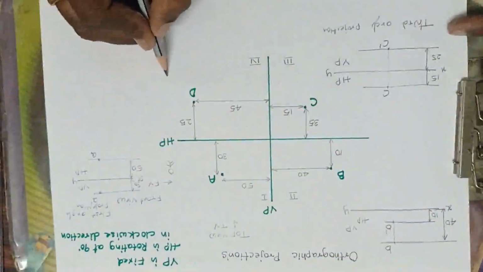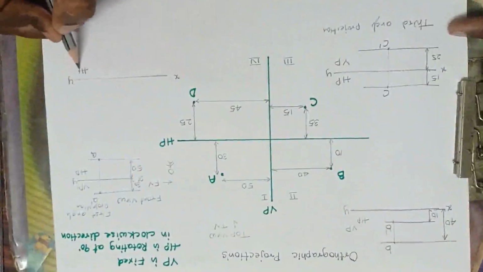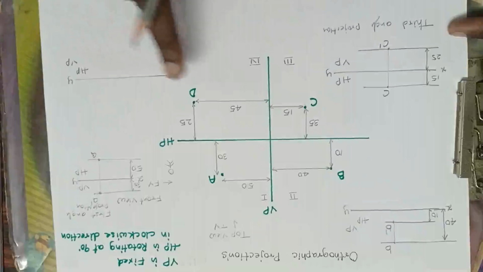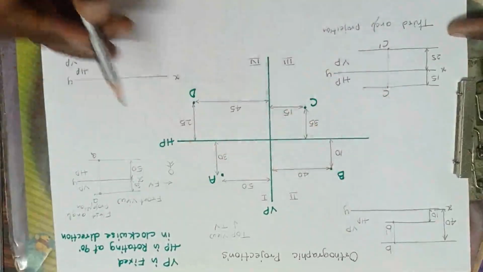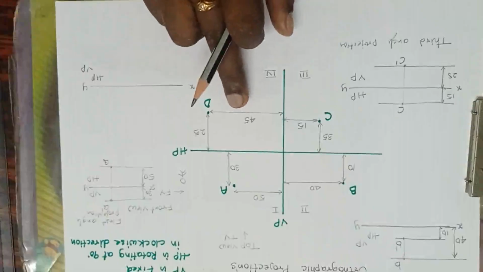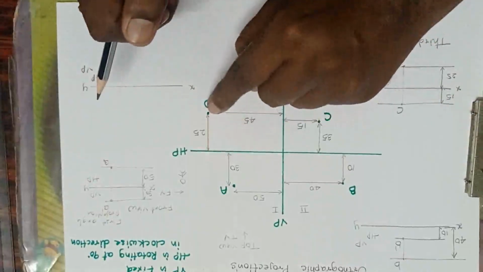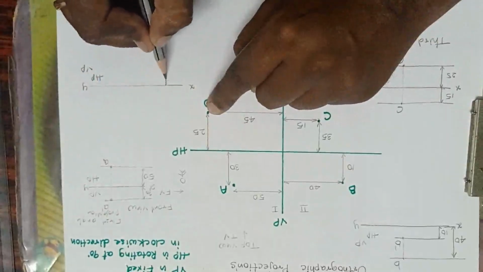Now what is this? This is XY. So both are below now, HP and VP. This is the reverse of the second quadrant. See, in the second quadrant both are above, but here both are below. Now how to show the distances? The distance from HP will fall on VP, as we have assumed. So that is 25.